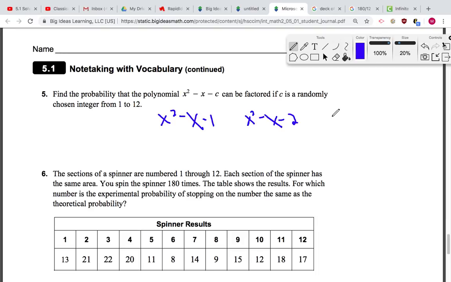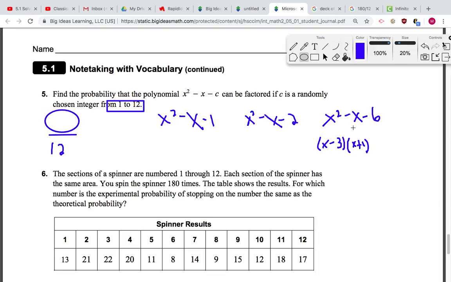For instance, x squared minus x minus 6 is one of them, because you could factor it as x minus 3 and x plus 2. So out of these 12 total, which means the total outcomes are 12, how many of them can be factored? You have to figure out this part. I have done one for you, but you have to find the other ones.